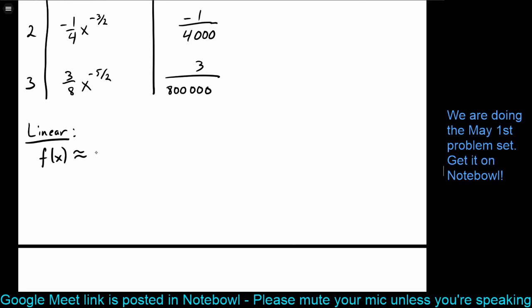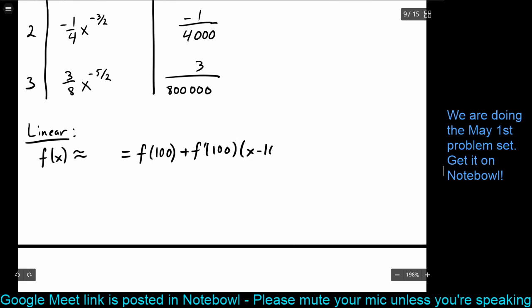So here, I'm going to leave a little gap here. We're going to cut off the Taylor series after the degree 1 term. Right? So this approximate equal sign here, this is true for values of x near 100.